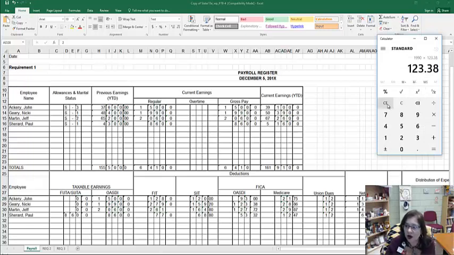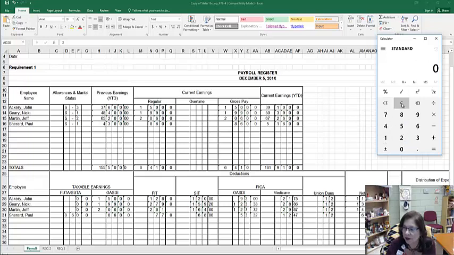Now we're going to find out how much Medicare is, all right? So for the Medicare, let's clear this out. We're going to find out that Medicare is 1.45% based on how much they've made this month. So we go back to an example of the 1,500. Oops, clear.